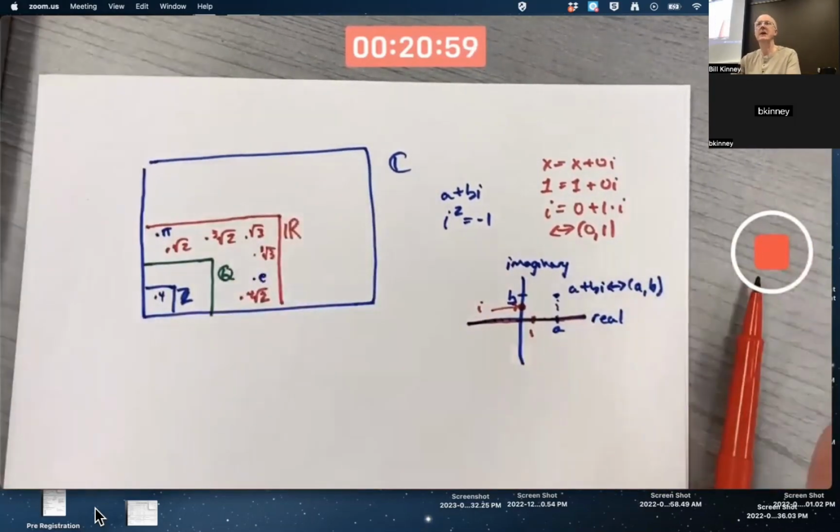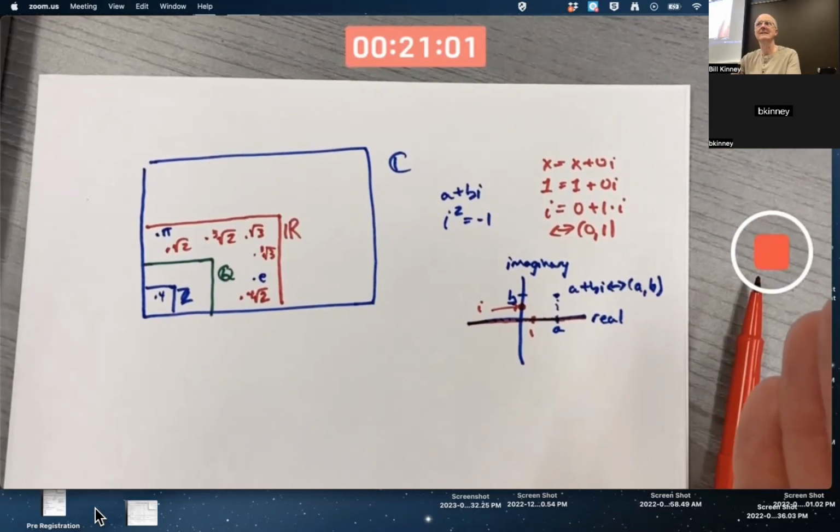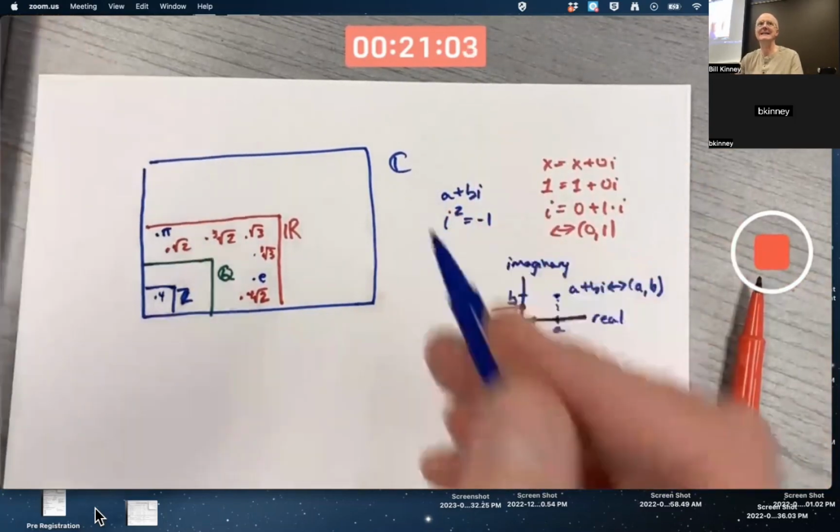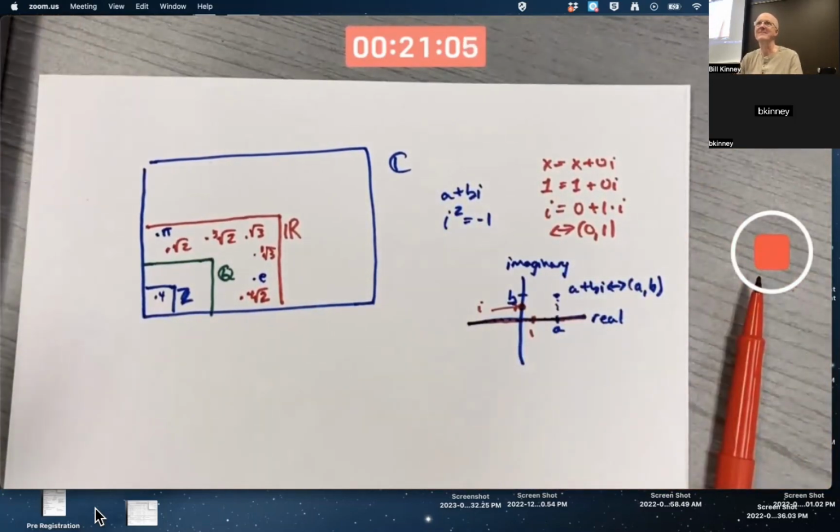Actually, the picture gets even bigger. Complex numbers is not the biggest number system. There's also something called the quaternions. There's also something called the octonions. Are they always powers of 2? Complex numbers are two-dimensional, quaternions are four-dimensional, octonions are eight-dimensional. What would the next one be?